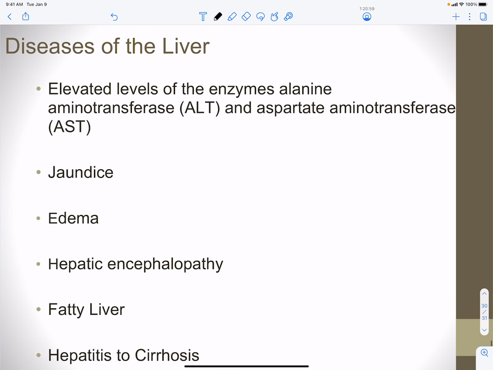Okay, so when you have diseases of the liver, you're going to get elevated levels of enzymes that are involved in amino acid metabolism, and those are your alanine aminotransferase, or ALT, as well as your aspartate aminotransferase, AST. So these levels will be elevated in the serum.